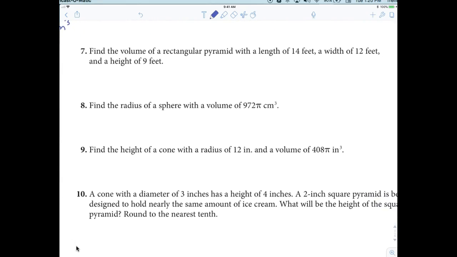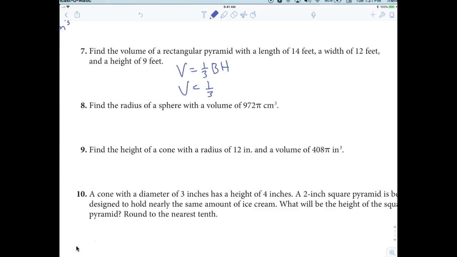All right, here we go. The volume of a rectangular pyramid. So, somebody want to give me that formula real quick. Volume of a rectangular pyramid. V equals 1/3. Good. So now what? Volume equals 1/3 what? 12 times 9 times.